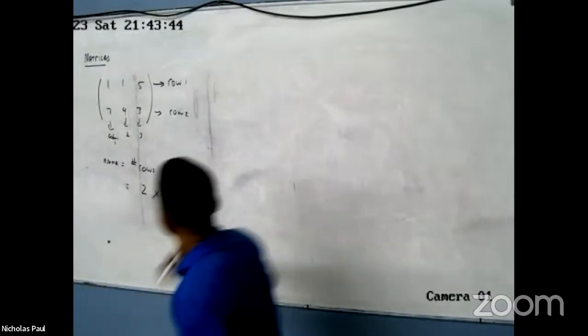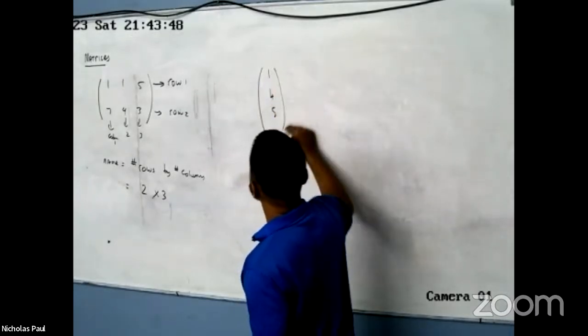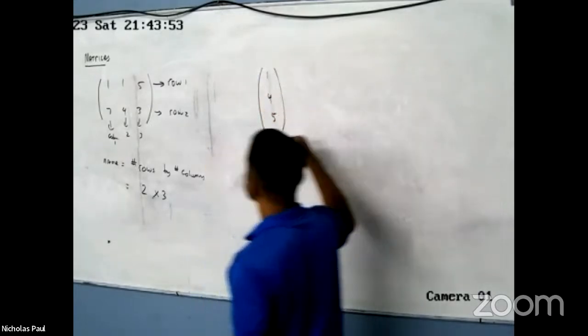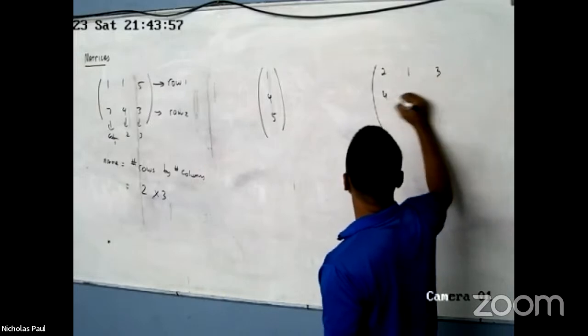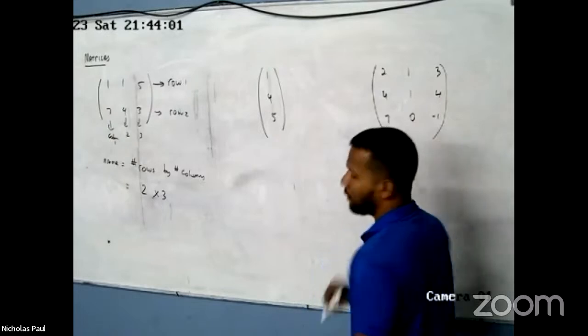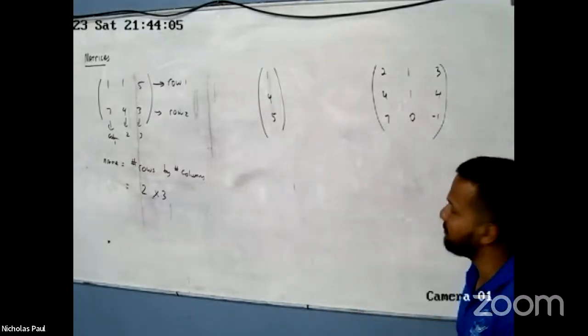Let's see if we can name these 2 matrices now. Check those other 2 on the board and tell me what type of matrices they are.